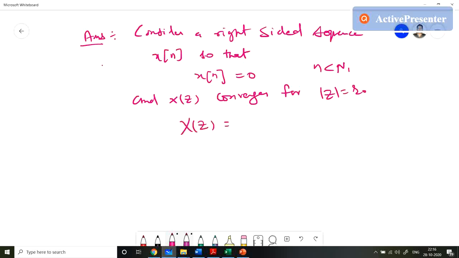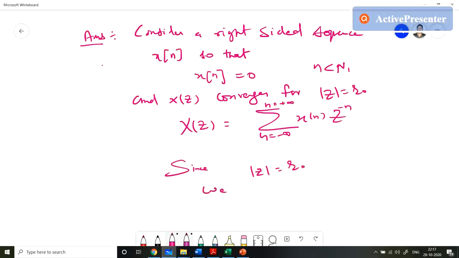So X(z) is equal to the summation from n equals minus infinity to plus infinity of x[n] z raised to the power minus n. Since modulus of z is equal to r0, we obtain modulus of X(z) is less than or equal to the summation of modulus of x[n] r0 raised to the power minus n.